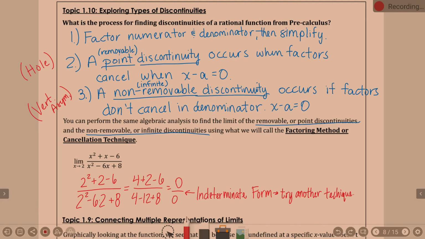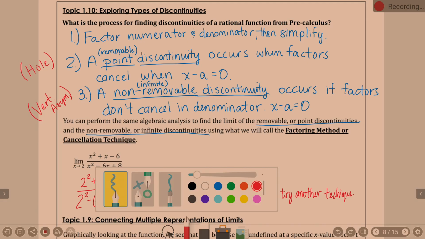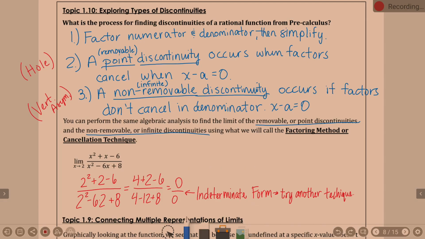So that's why we have these other techniques, because when you go to plug in, substituting the limit in doesn't always work. Example A. Plugging in 2 didn't work. It gave us 0 over 0. So we need a plan B. I'm looking for options.